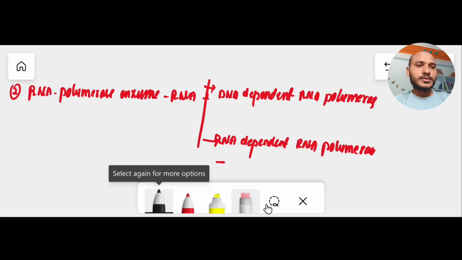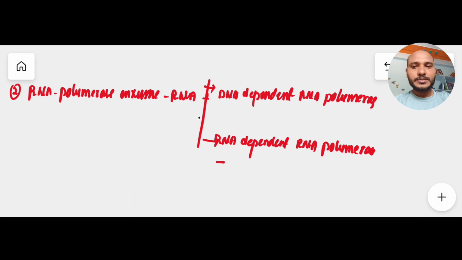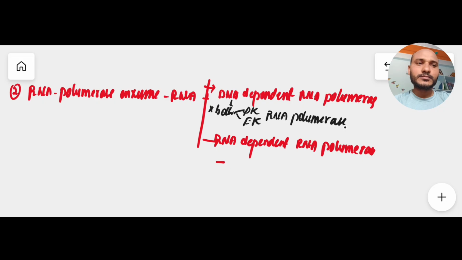This DNA dependent RNA polymerase enzyme is generally found in both prokaryotic and eukaryotic organisms. Hence they are present in prokaryotic and eukaryotic RNA polymerase enzyme, and in which from DNA there is a synthesis of RNA.